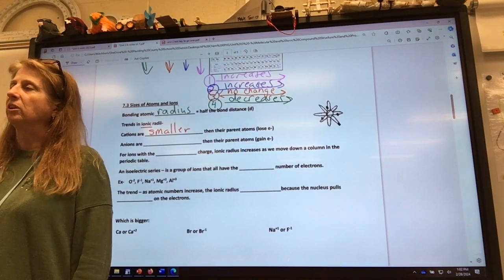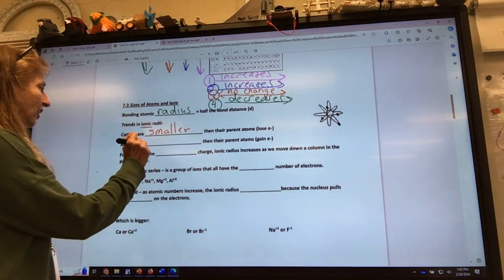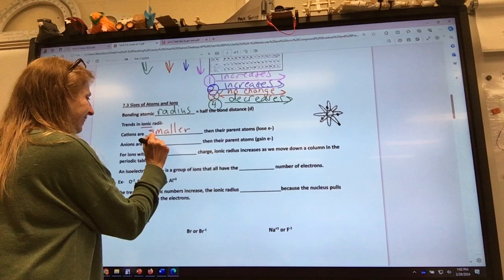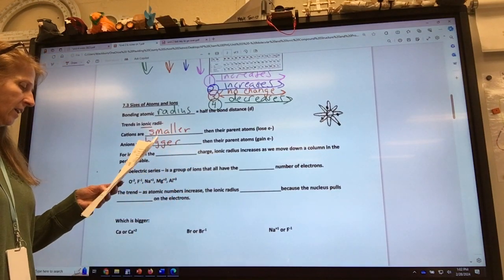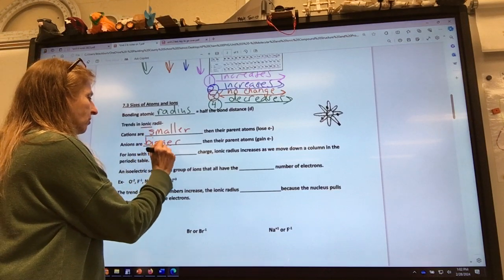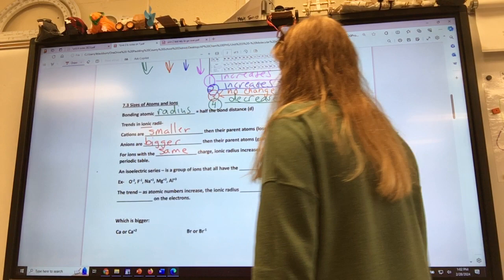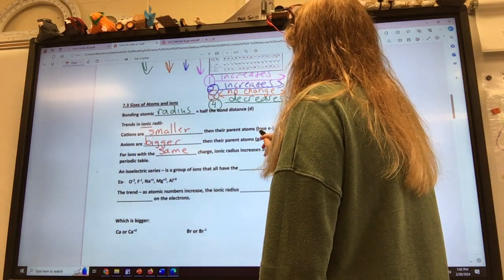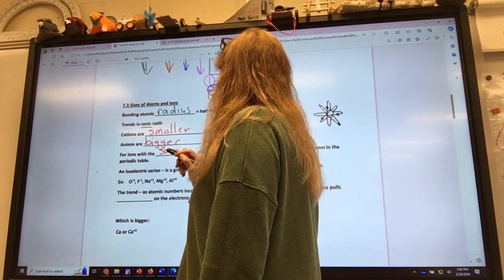Anions, do they gain or lose? So therefore they get bigger. Yes, y'all are brilliant. Thank you. They're going to get bigger. Now, for ions with the same charge, what do I mean about that? I'll show you down here. Ionic radius increases as we move down a column in the periodic table.